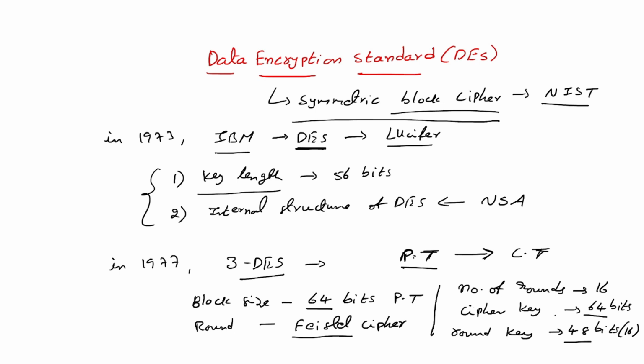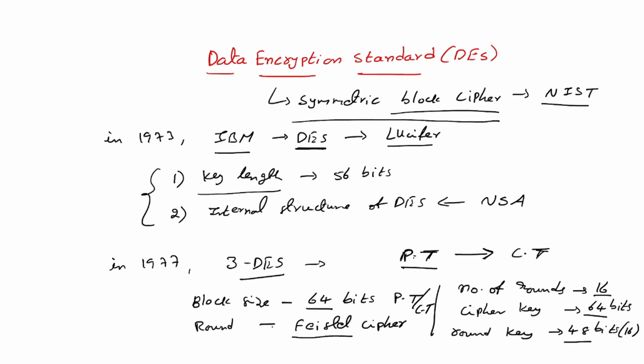We need to generate the 16 48-bit keys, and each 48-bit key will be given as input to each round. So for a total of 16 rounds we need to give 16 48-bit subkeys, which are called round keys. So block size is 64 bits: 64-bit plain text generates 64-bit ciphertext.